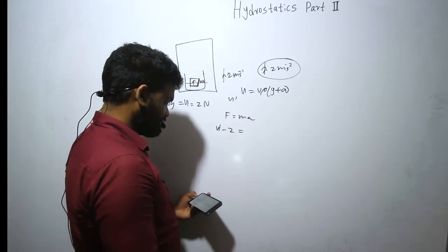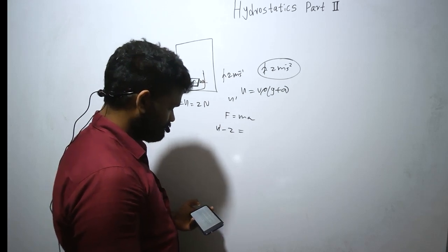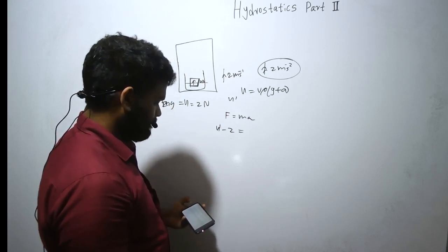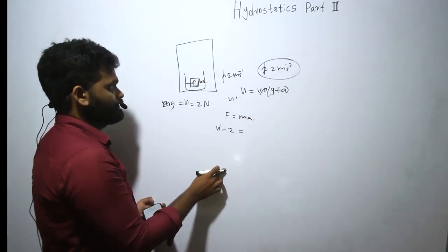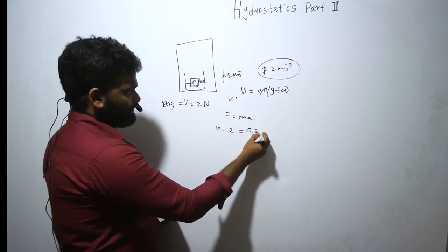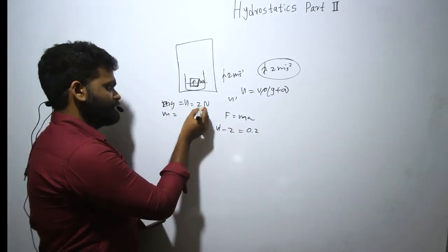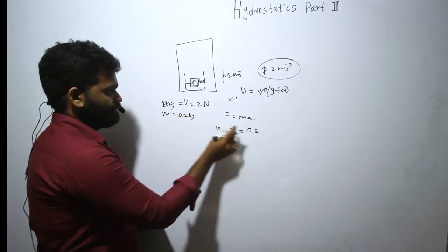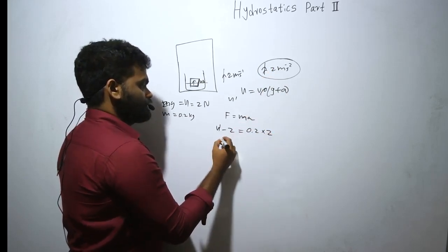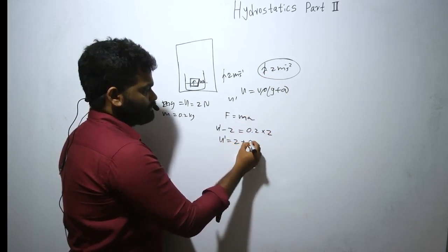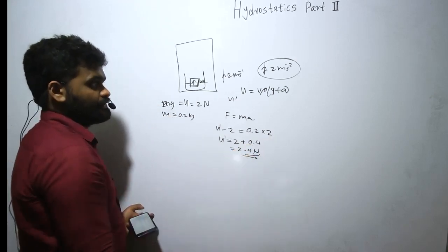So how do you get the mass? The mass of the object is equal to 0.2 actually. Why? mg is equal to 2, so mass is 2 divided by 10, 0.2 kilogram, times acceleration. Now the acceleration is 2, right? So you can see U dash equals 2 plus 0.4, 2.4 Newton. Get it? This is the upthrust.